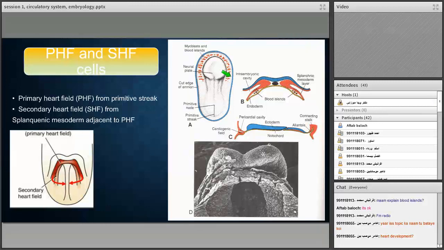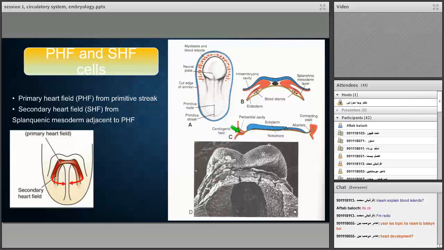These cells are migrating to the cranial side. Here we have the primitive streak. The cells are migrating from this side and coming to the cranial pole of the epiblast. This is the cardiogenic field.